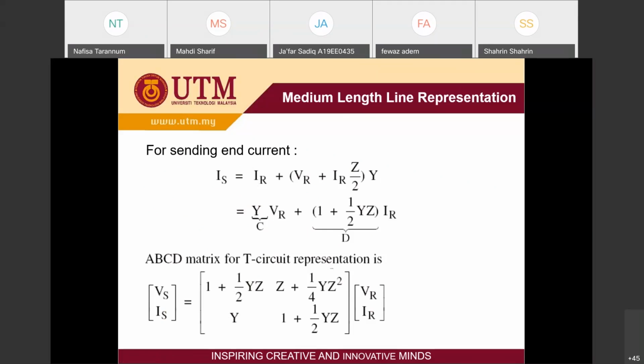So do not memorize. But I want you to do homework. What is Y? Y is equal to jBC. So please do your homework to obtain what Y actually is. Y is the admittance. So this is the T circuit representation.